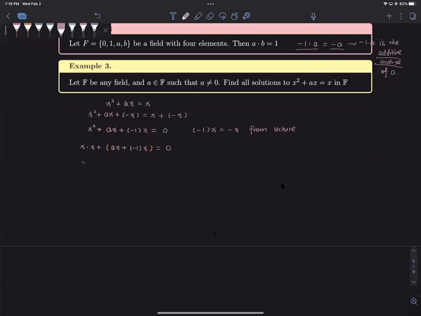So that's going to be xx plus a plus -1 times x equals 0. So far, so good. So basically, I'm just trying to factor out my x. Do we have any questions so far?